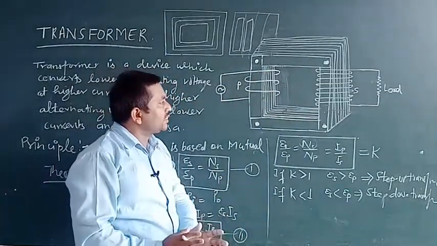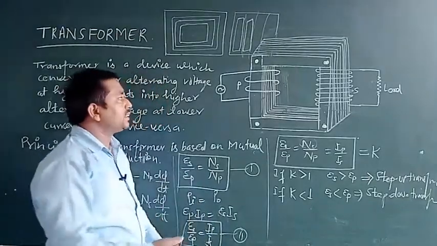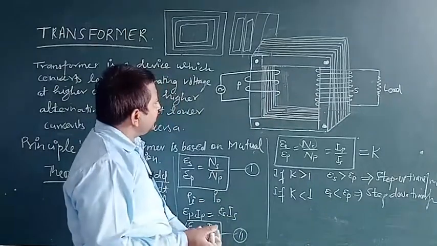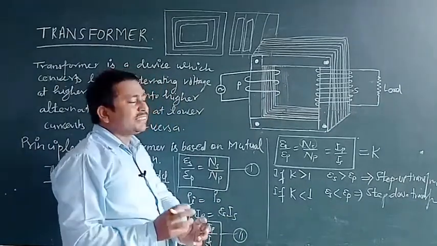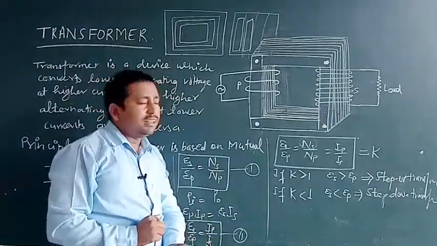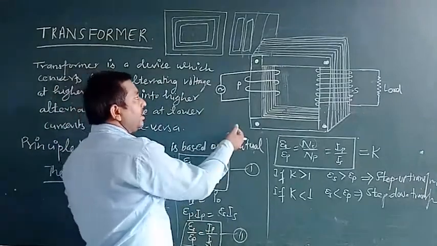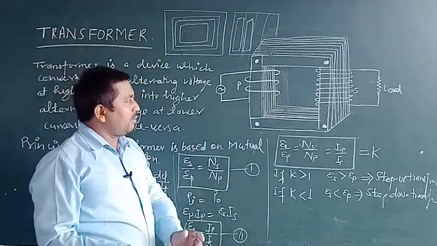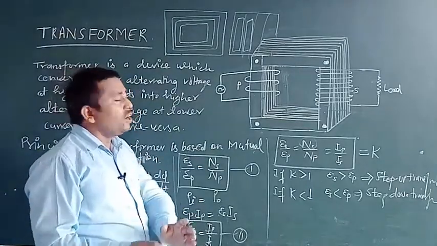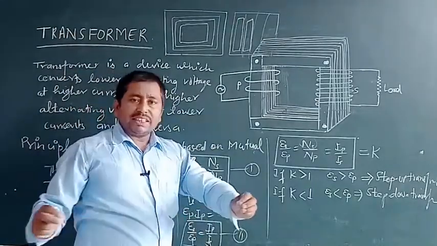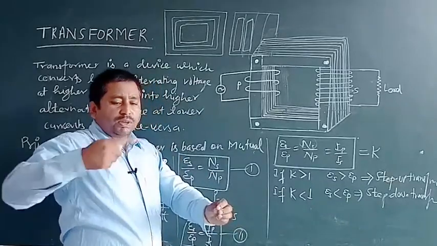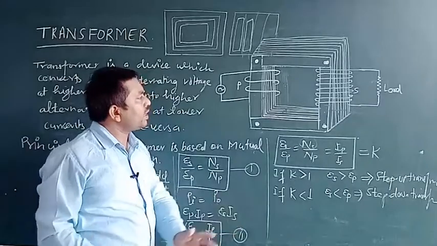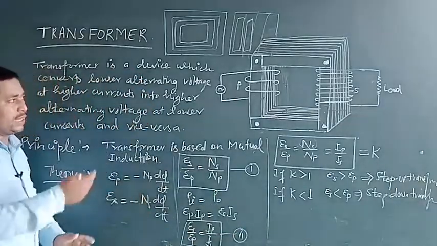So if the total flux does not pass through the secondary coil, there is some loss in the magnetic flux. To reduce this type of loss, we can make both coils coaxial, winding one coil in this form and the other just over it. Okay, so we can reduce this type of loss.